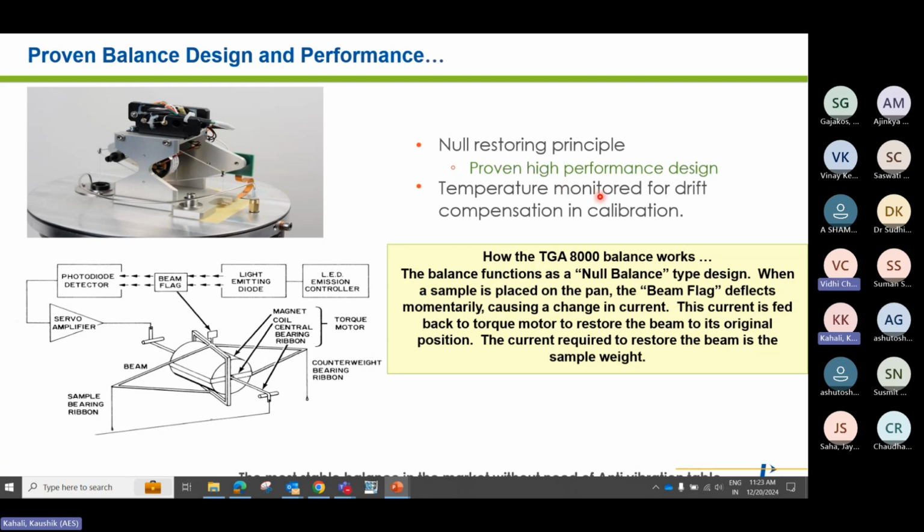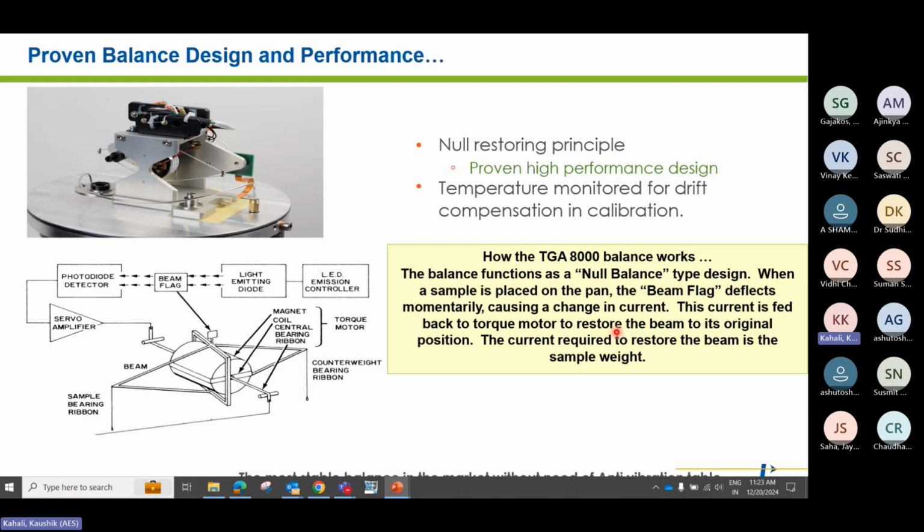Also the temperature is monitored for drift compensation in calibration. There is a terminology called balance drift. That means when there is no sample or nothing in the balance, there may be some little change in the weight or weight percentage observed in different balances. That will ultimately affect your sample analysis.